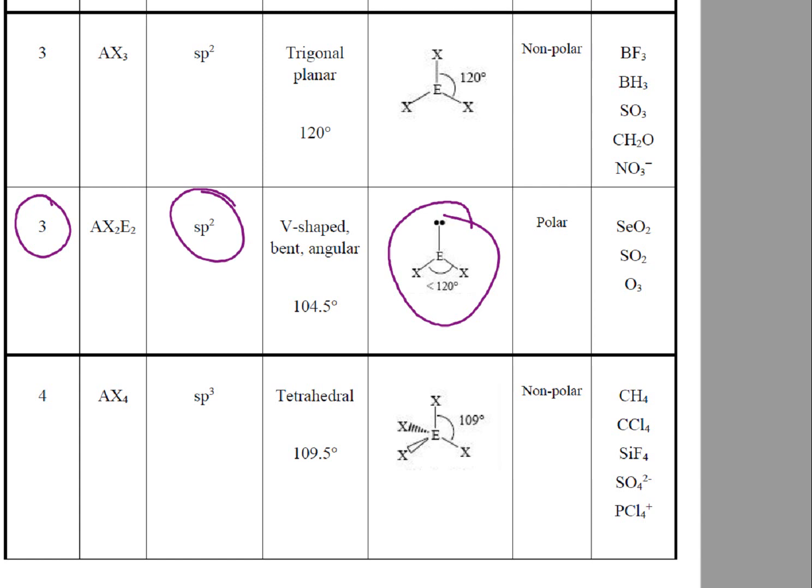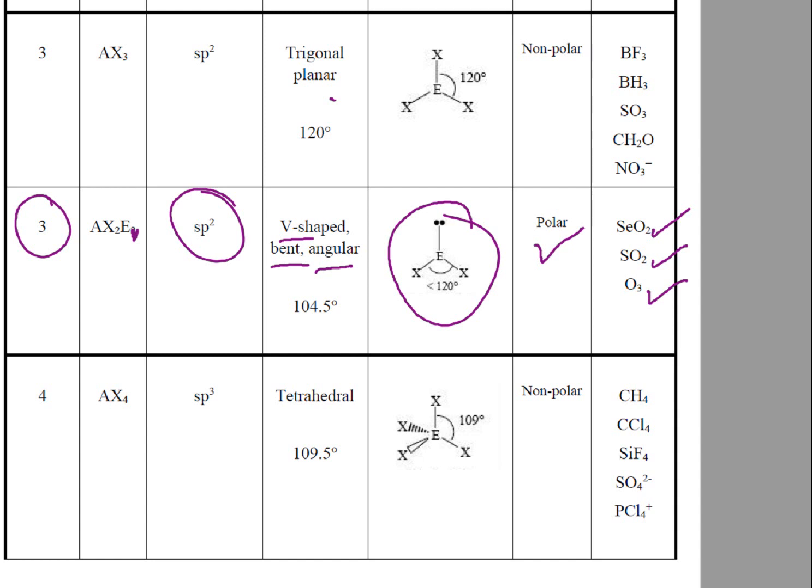Presence of the lone pair will make the molecule polar and is going to change the shape of the molecule from trigonal planar as expected into V shape or bent shape or angular, and the angle will be 104.5 and not 120. We have some examples here: SeO2, SO2, and O3.